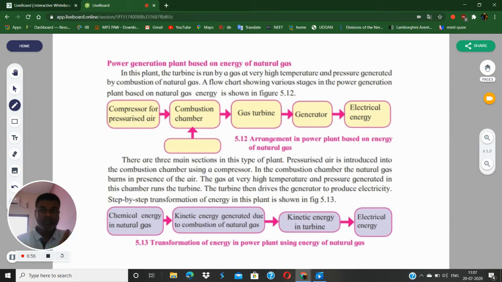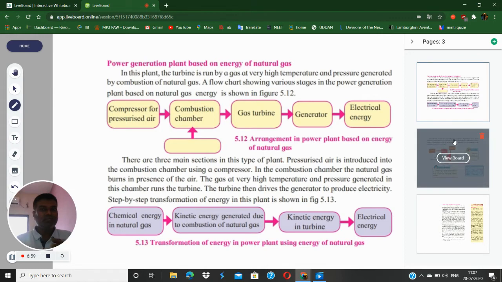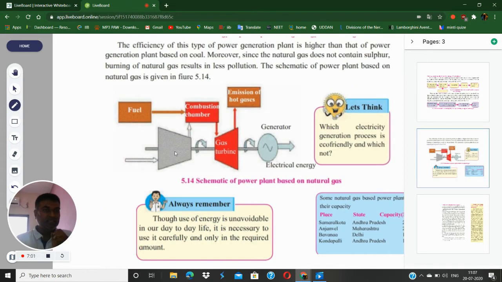So we come to our next slide. In that slide, the efficiency of a natural gas power generation plant is higher than that of a coal thermal power plant. Why?